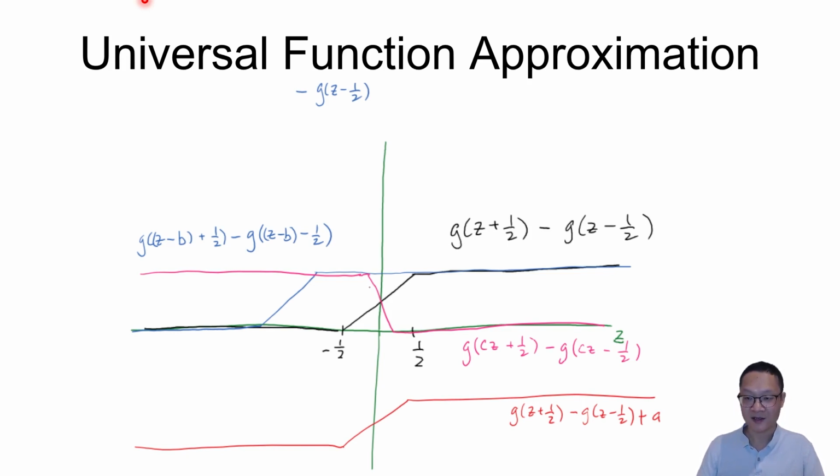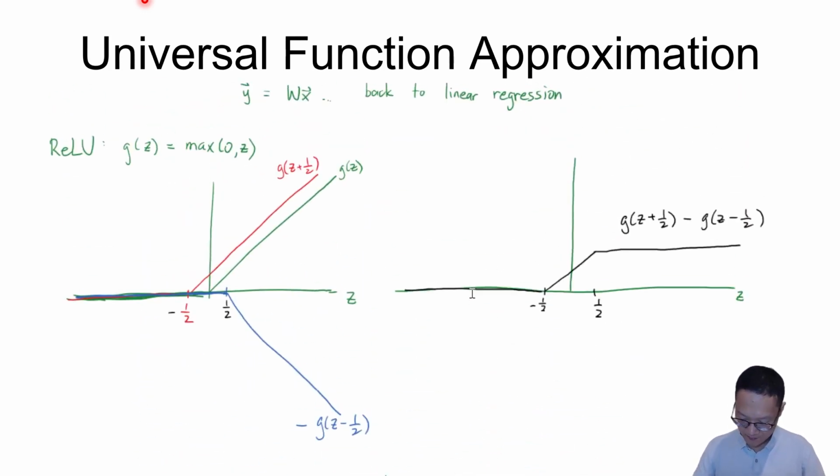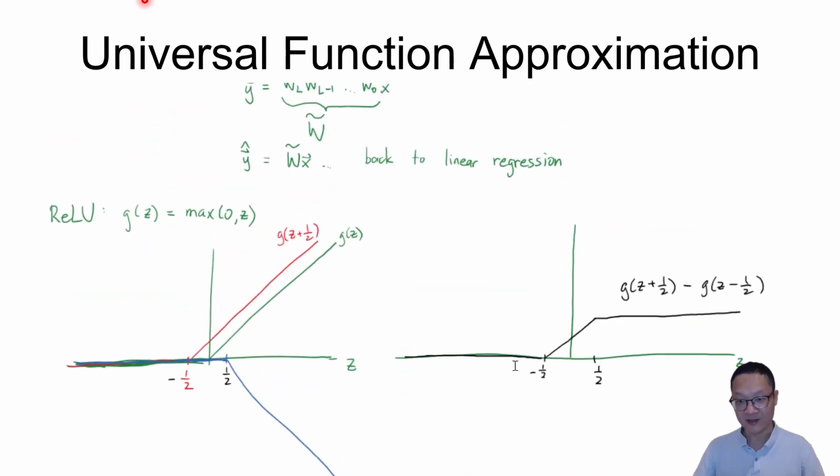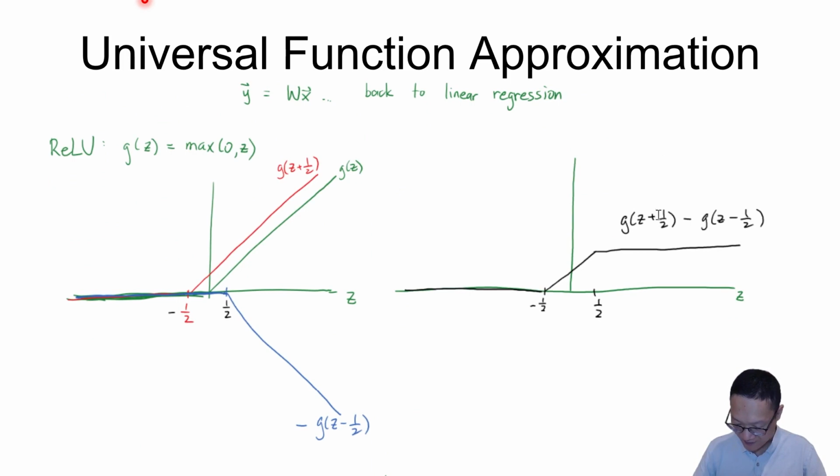Okay, and lastly, we can also change, so let's go back to here. So we know that if we do plus 1/2 over here, minus 1/2, we get an increase from -1/2 to 1/2. So that's this part.